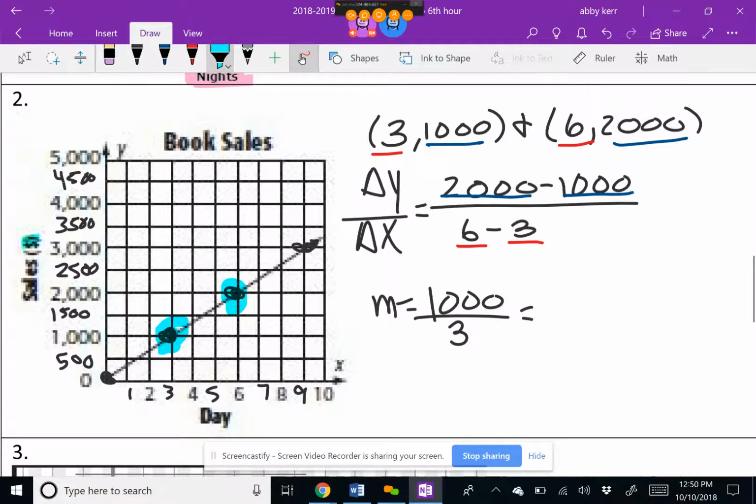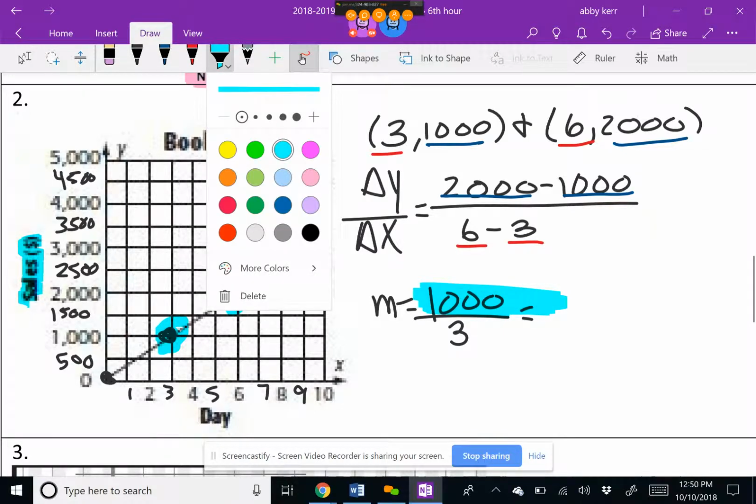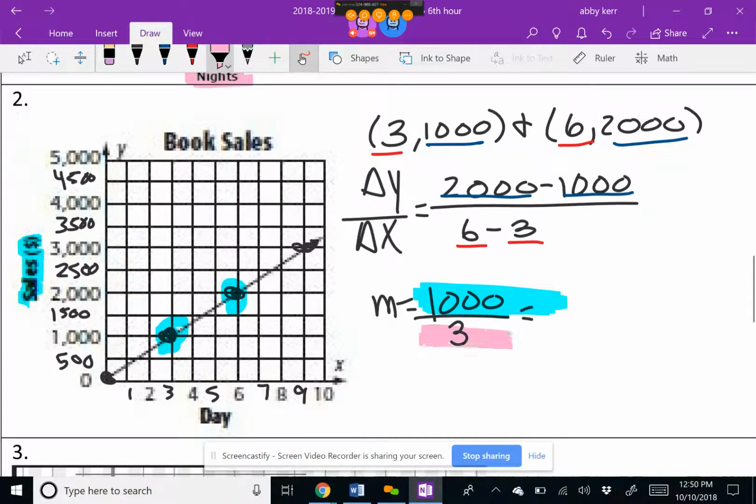So label your y values with our unit and label our x values with our unit. So we're talking about sales for our y, and we're talking about days for our x's.